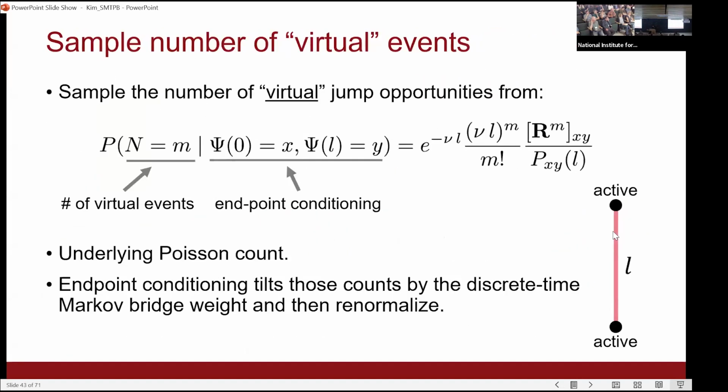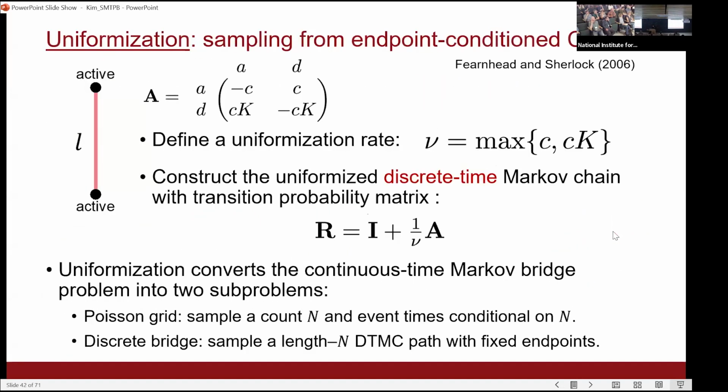We use something called the uniformization technique, which is a very popular technique in sampling the endpoint conditioned continuous time Markov chain. We first define something called the uniformization rate, which is the dominant exit rate from the rate matrix of the continuous time chain. And then we construct a discrete time Markov chain using this uniformization rate.